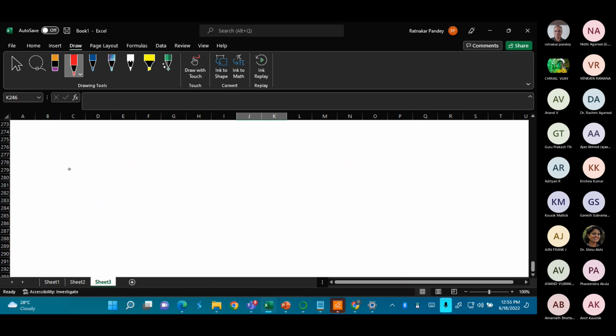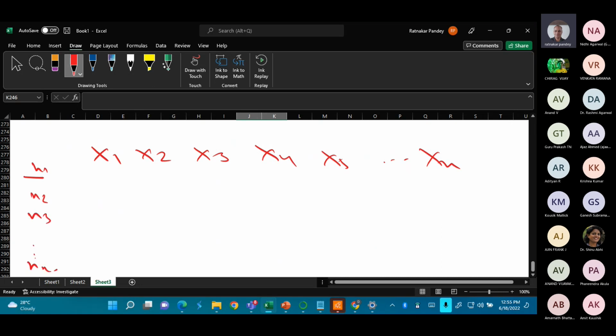Let's say we have x1, x2, x3, x4 till xn, and then you have rows n1, n2, n3 till nn. What you're doing is basically saying that I will figure out, based on these features, which rows are common.